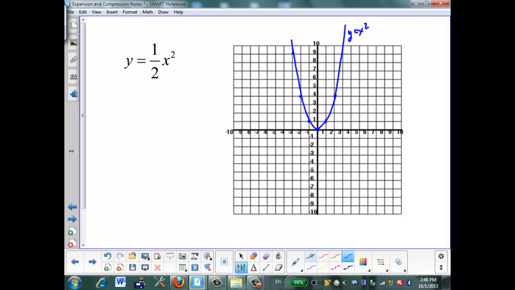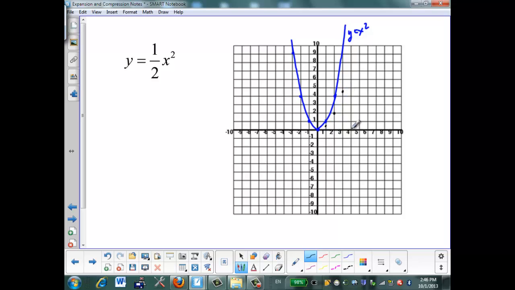So that's what a regular y equals x squared looks like. Now when I add a factor of a half to it, just like when we doubled our values for 2x squared, for 1/2 x squared we're going to cut our values in half. So over 1, up a half. Over 2, instead of going up 4, I'm going to go up half that, so up 2. Over 3, instead of up 9, I'm going to go up half of that, so up 4.5.